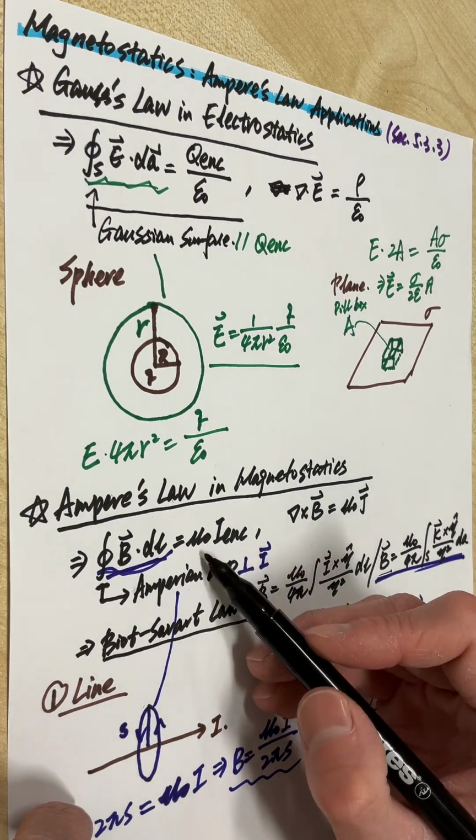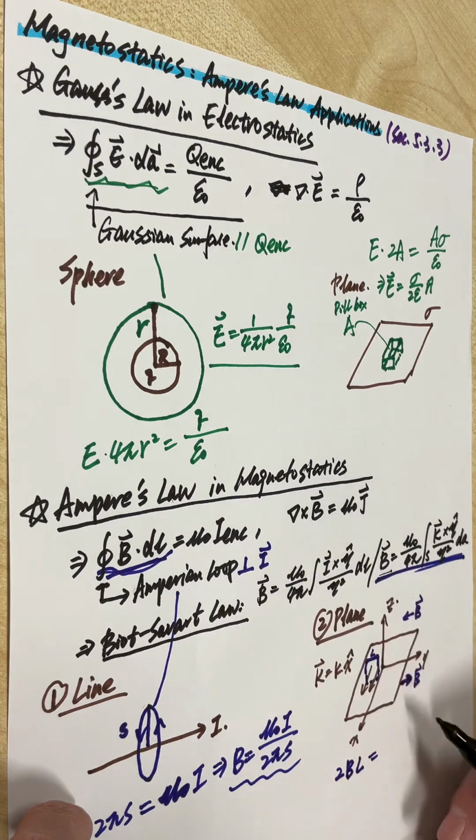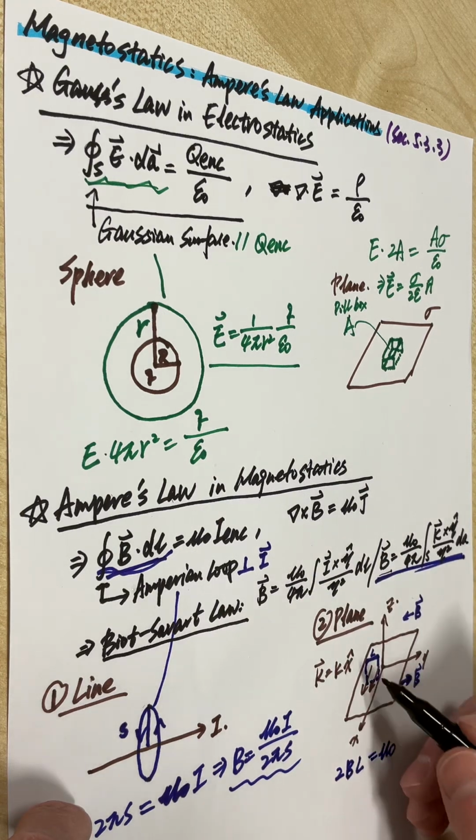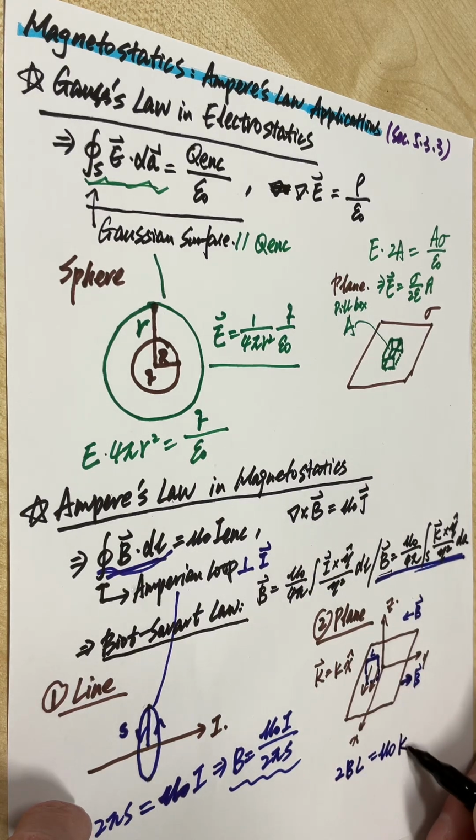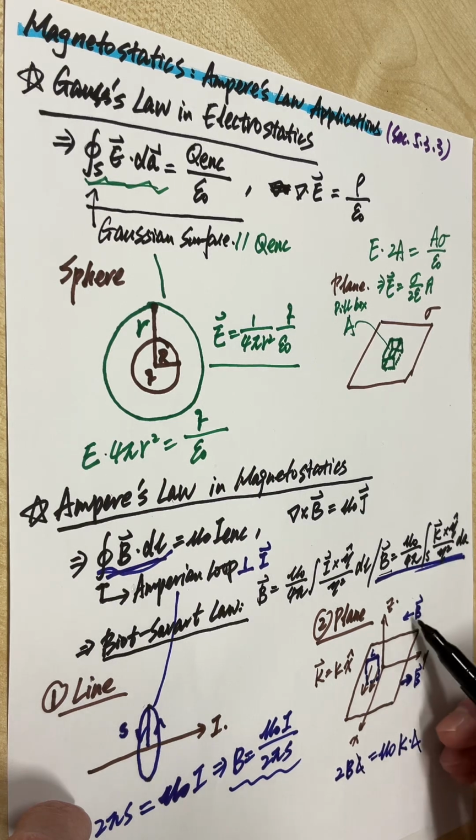And then on the right hand side, we have mu 0 I enclosed. What is I enclosed? We have the density multiplied by L. So in summary, we can move 2L to here, so L is cancelled. B equals half of it, and the direction is this.